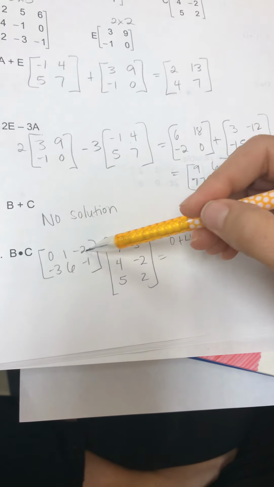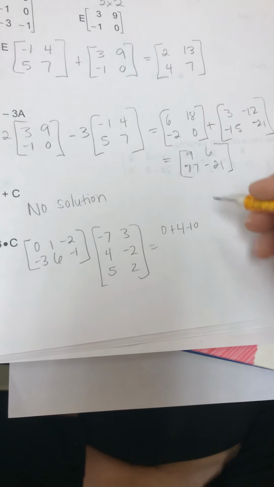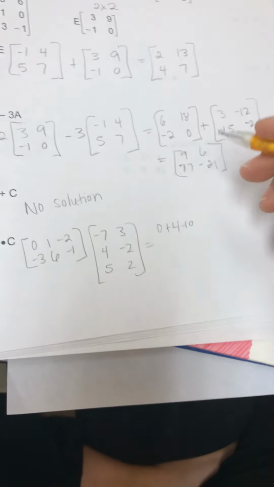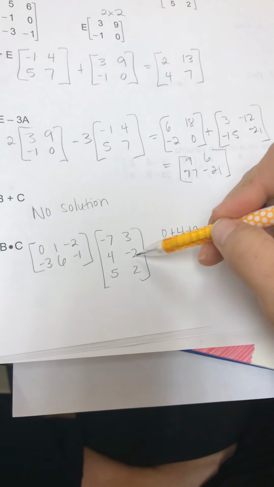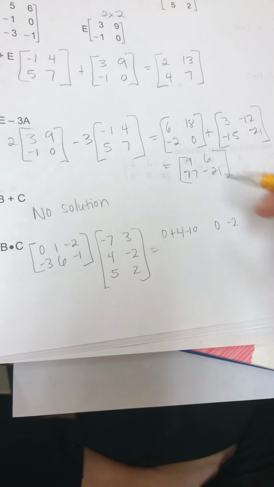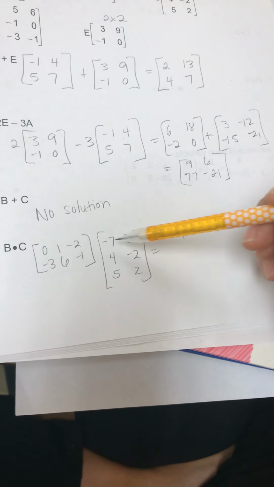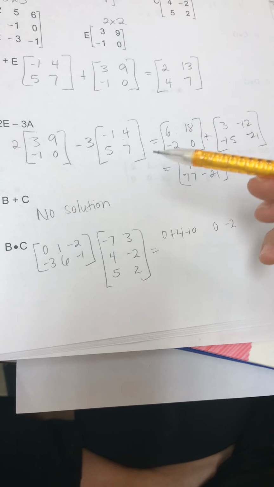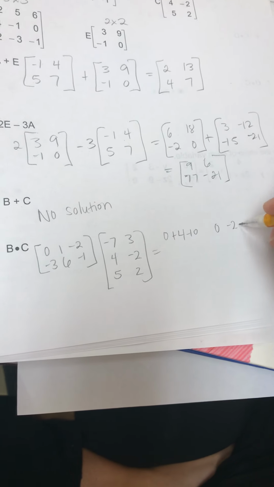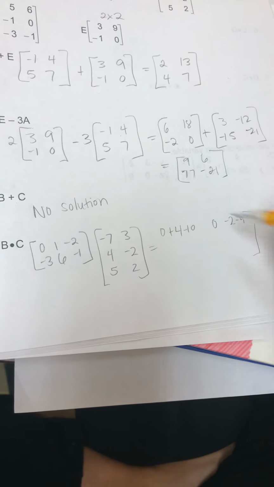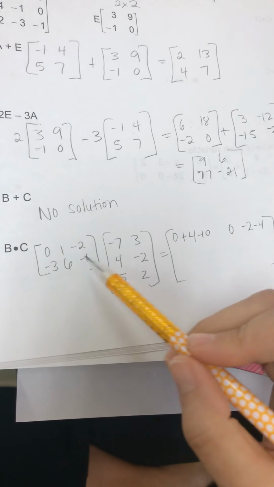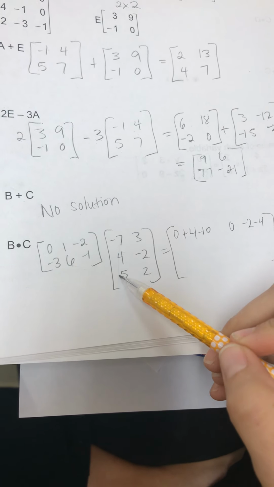Now we're going to do our first row times our second column over here. 0 times 3 is 0. 1 times -2 is -2. And -2 times 2 is -4. Now let's do our second row times our first column.